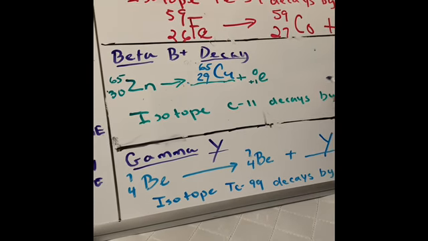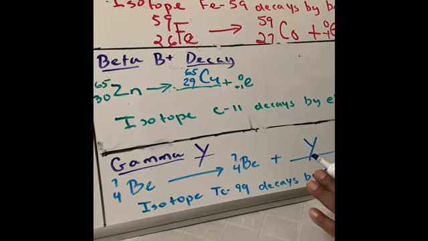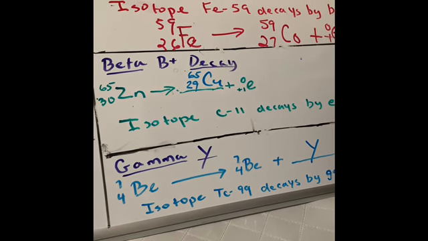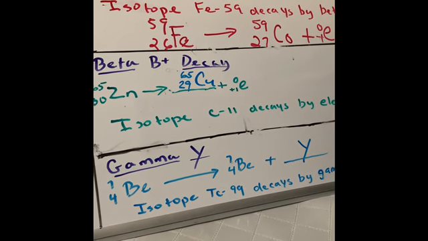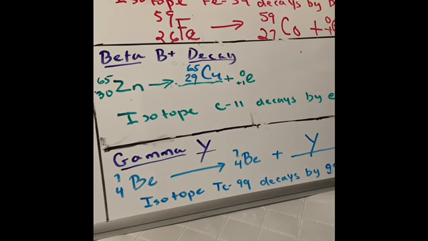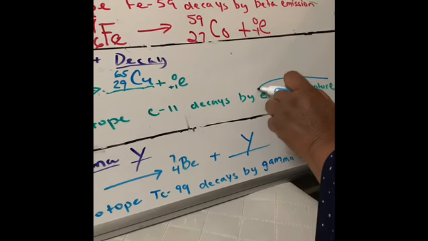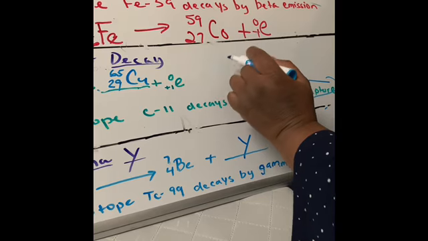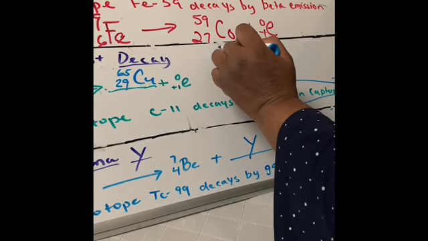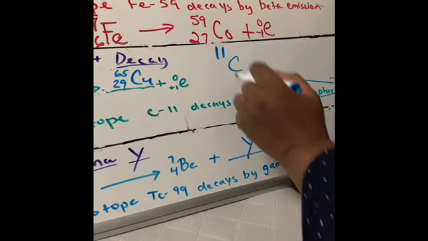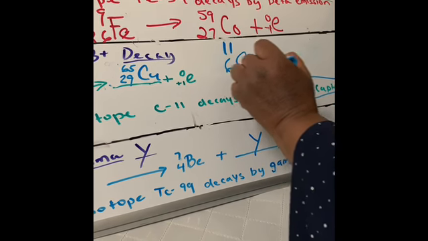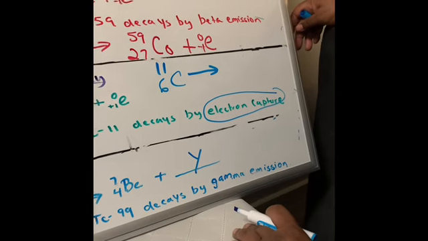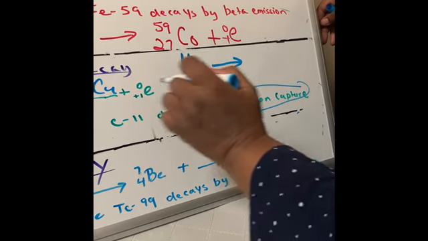So let's just say that we have a beta plus decay word problem. They're requesting that we take an isotope and see how it decays, and in the fact that an electron has been captured. So this right here is going to let us know that we're in beta plus decay. And so we have carbon, which has an atomic mass of 11, and we know that the atomic number for carbon is 6, and we want to see what carbon is going to change into by way of beta plus decay.